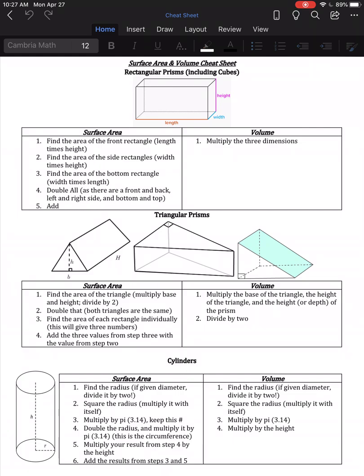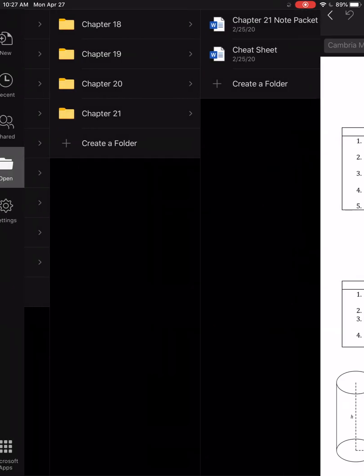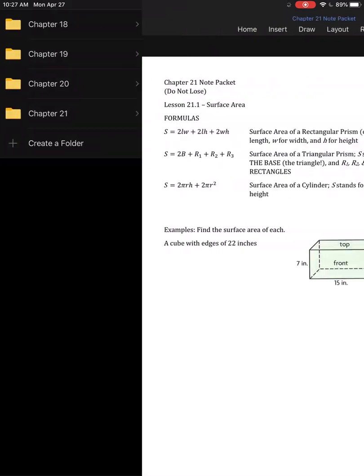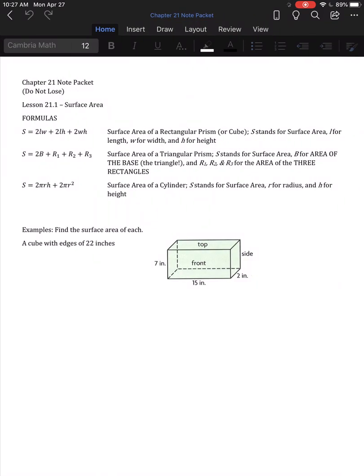So, what I would like to do is I'm going to pull this cheat sheet up on my laptop, which is sitting beside me, so that I can look at it. And I'm going to use it, and I'm going to try to use the formulas as well. So the cheat sheet is basically going to walk us through these formulas.